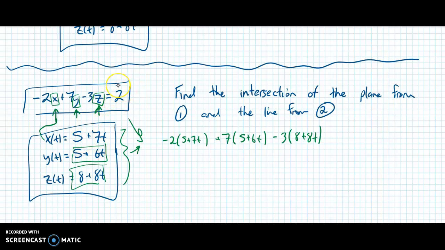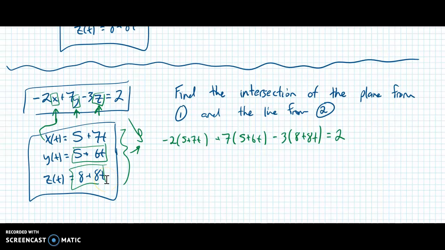And then I get my 2. So you may say, all right, what do I do with this? Well, look, now I've only got one variable and one equation, so I can solve for the t value. That t value is going to give me the time in this set of parametric equations right here that makes this line equal to this plane right here. So all I have to do is solve for my t value, and then I plug that t into here, and it gives me my points.